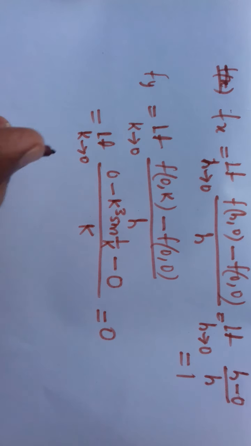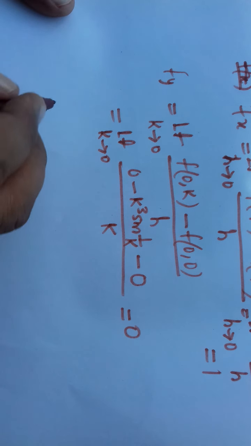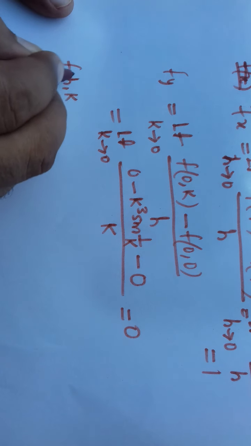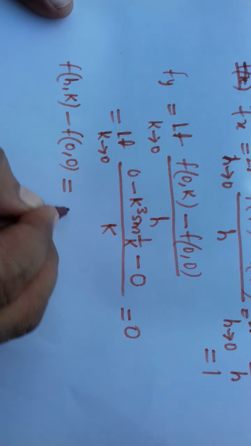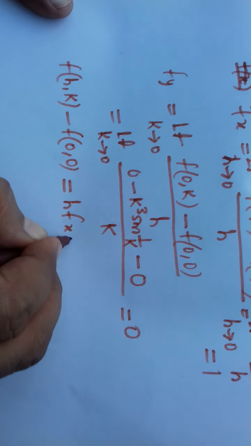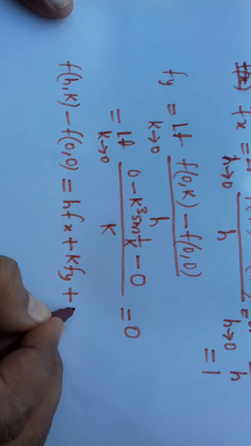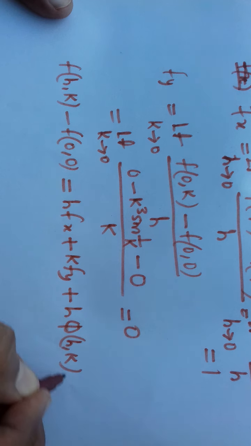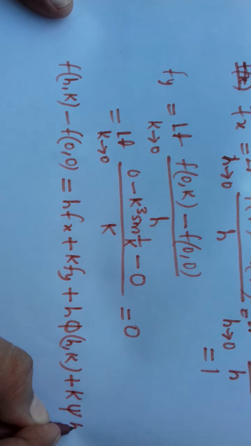For a function to be differentiable, this can be expressed as f(h,k) minus f(0,0) equals h fx plus k fy plus h phi(h,k) plus k psi(h,k).